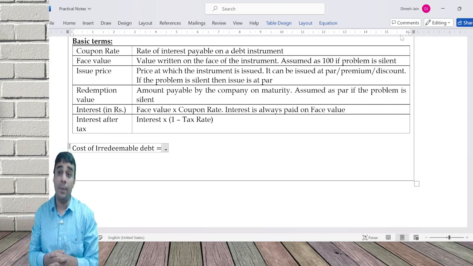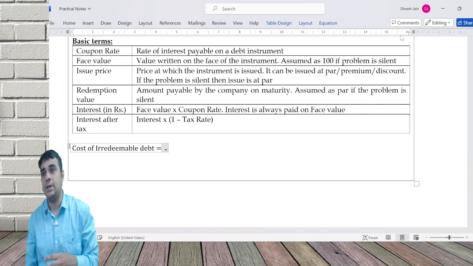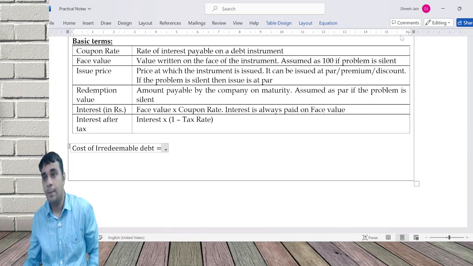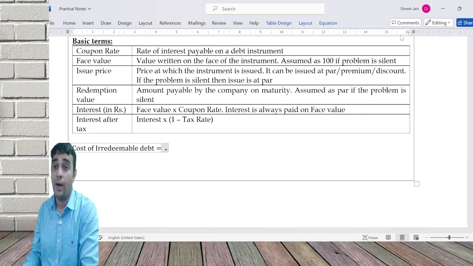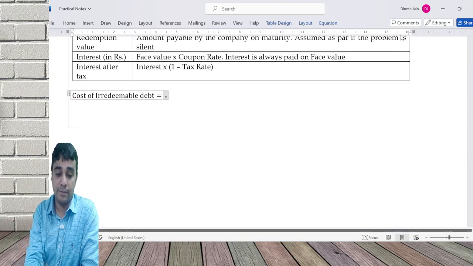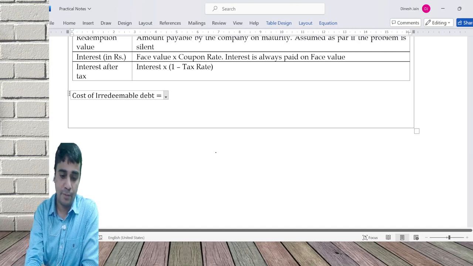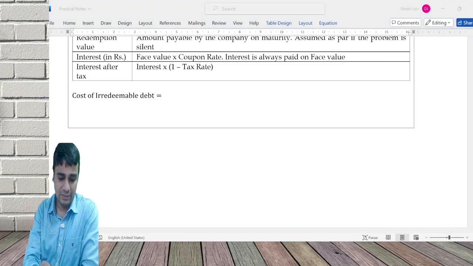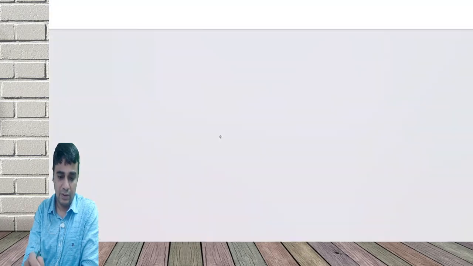So, irredeemable debt is like a perpetuity. What is the formula to value perpetuity? Present value of perpetuity is equal to, just give me a minute.